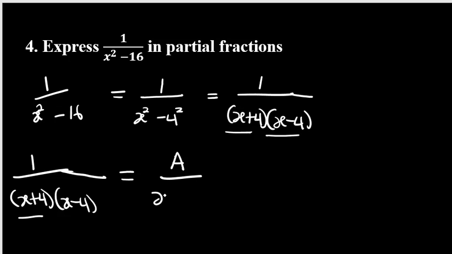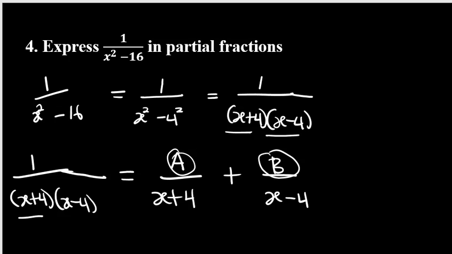So let's say x plus 4, plus B, which is another constant which we don't know, over the other linear factor there, that is x minus 4.